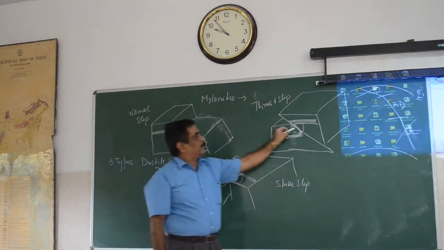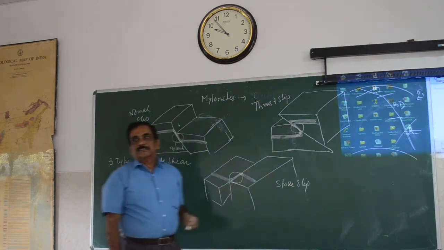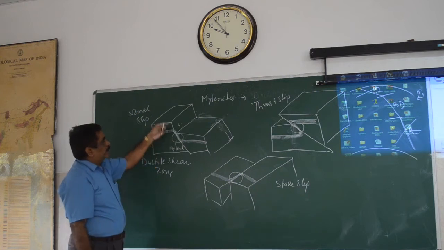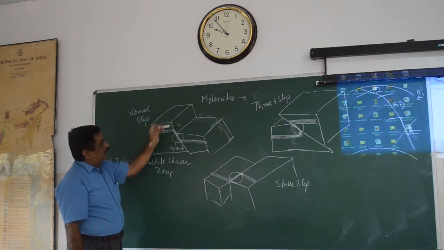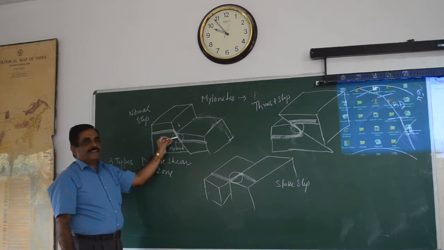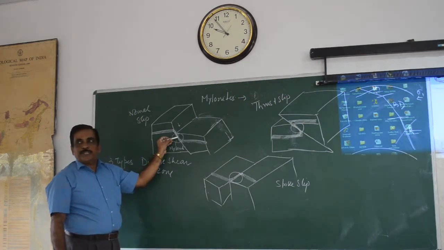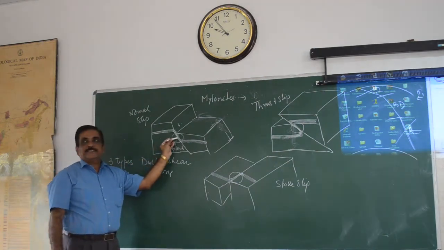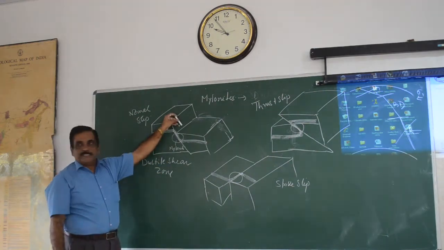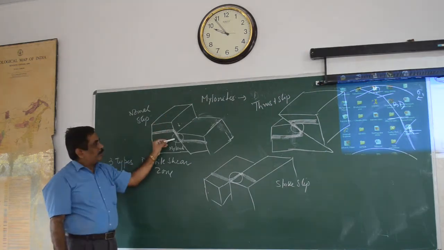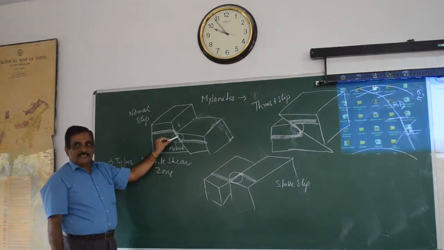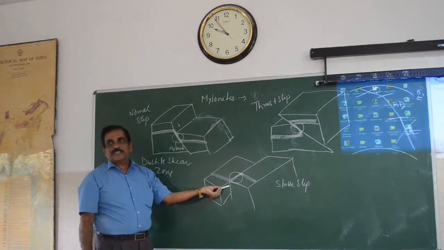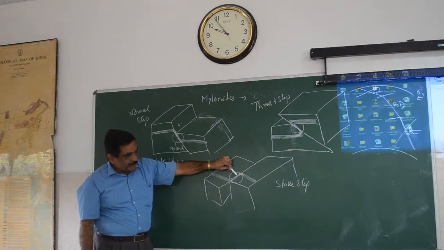If the chalk is put like this here, and if it is put like this here, I want you to understand where it will rotate. The rotation will take place if the chalk is put like this. If the chalk is put like this, it will not rotate. If the chalk is put this way, then it will rotate. Similarly, in this case, if I put the chalk like this, it will not rotate. If I put the chalk this way, it will rotate.